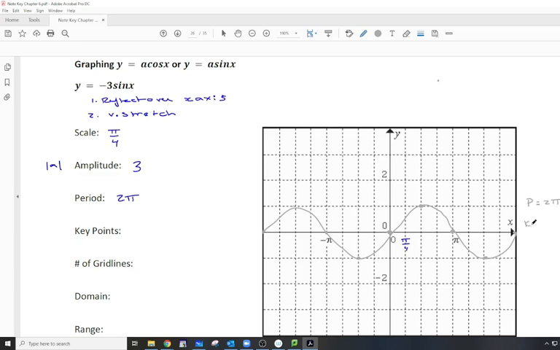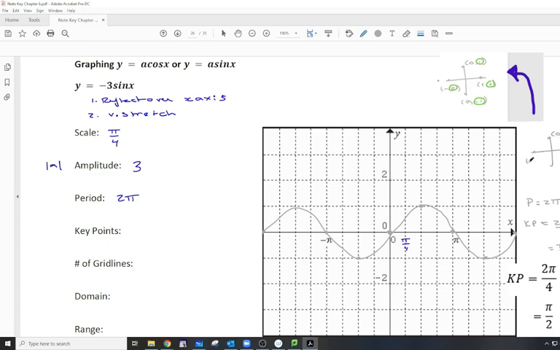So in the distance from 0 to 2 pi, we had 4 key points, which means that everything happened at pi by 2, which we know anyway, because if you think about building the sine graph, you've got this point 1, 0, you've got a point 0, 1, you've got a point negative 1, 0, and you've got a point 0, negative 1. We know that sine follows y, so it went 0, 1, 0, negative 1, back to 0, and it does this at your quadrantal angles, pi by 2, pi, 3 pi by 2, and 2 pi.